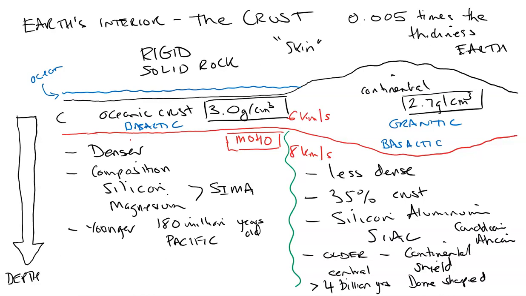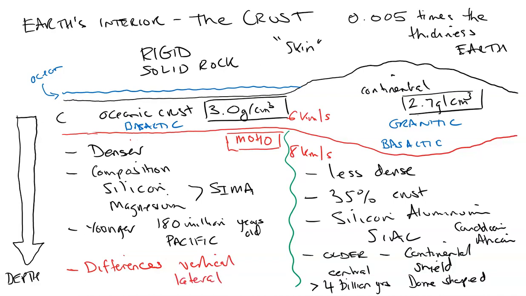So we have clear differences here. But there's one important similarity that we have to get across to the students: unlike other layers in the Earth's interior, the asthenosphere, lithosphere, mesosphere, into the core, where you have differences that are purely vertical, based on density, pressure, and temperature, the crust is the only real layer that has differences that are both vertical, in physical and chemical properties, but also lateral.